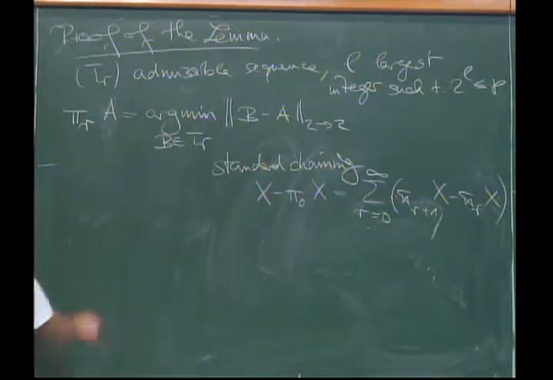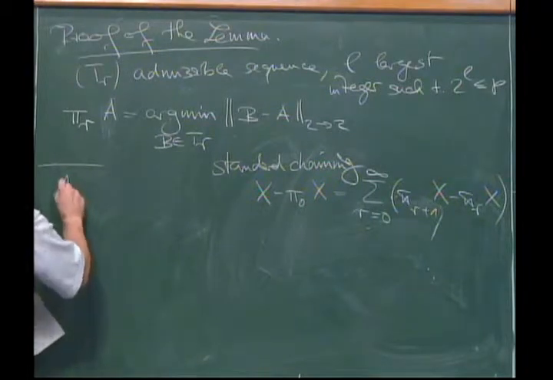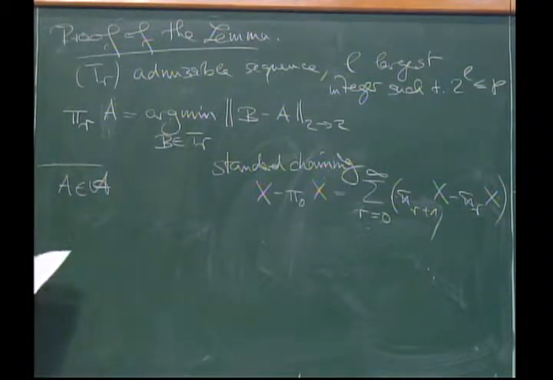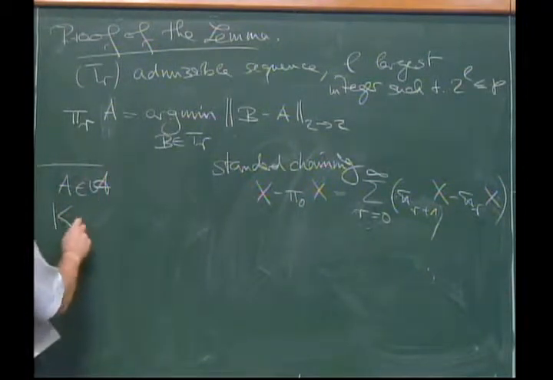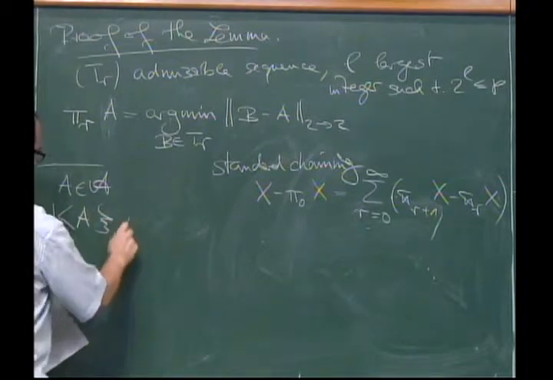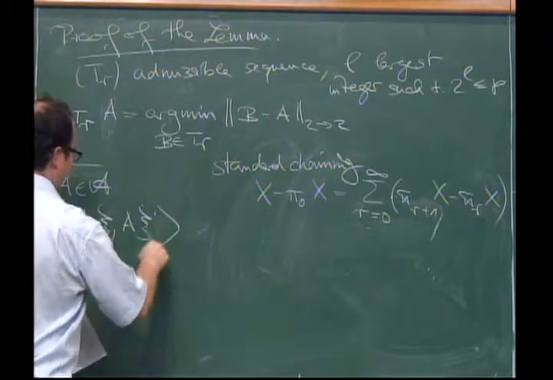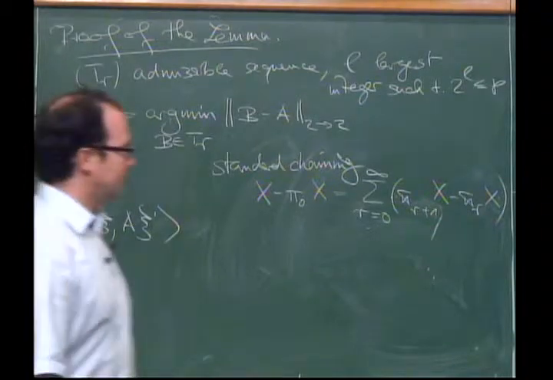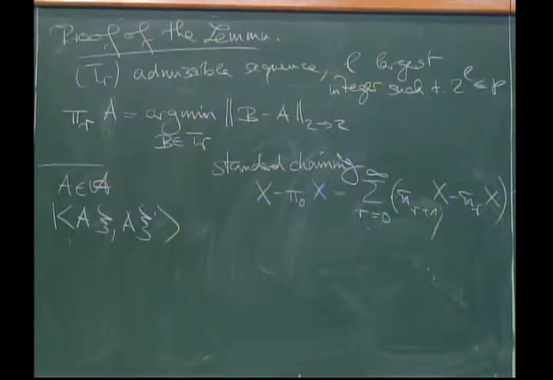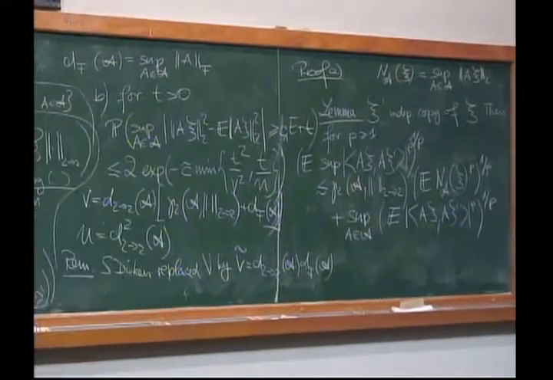And depending on what concentration we have, we can actually bound these terms. So now we try to apply a similar idea. So assume A is in our set, and we want to bound a quantity like that. So that's the stuff that appears here in this lemma.